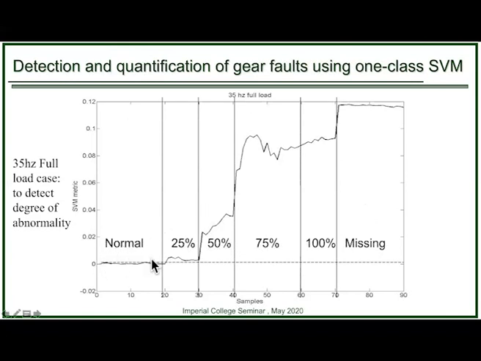For a normal gear, the SVM fault metric essentially hovers around 0. With a small crack, it goes over 0, and with a 50% crack, again higher than that, and so on and so forth. So this slide shows that you can not only detect, but also quantify the extent of the fault.